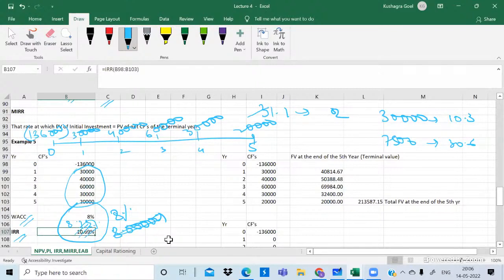So as a thumb rule, in the industry when somebody is implementing a project, your IRR should be greater than your cost of capital by at least 3 to 4%. In this case, if my cost of capital is 8%, my IRR should be at least 11 to 12%, and only then would I even look at these numbers, and then we'll debate whether the project should be accepted or rejected.